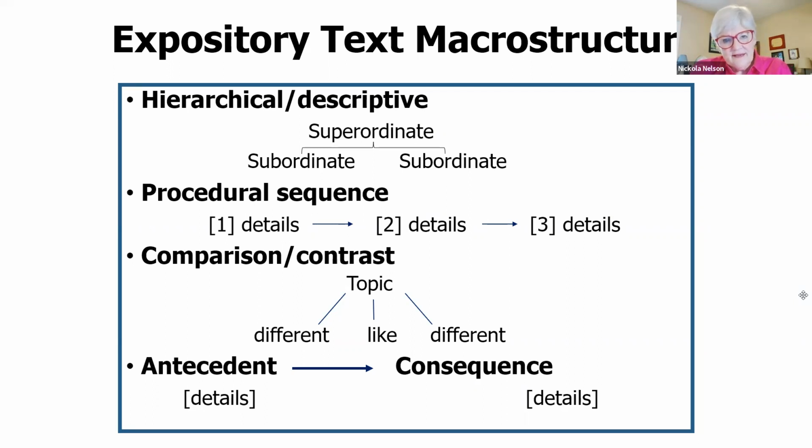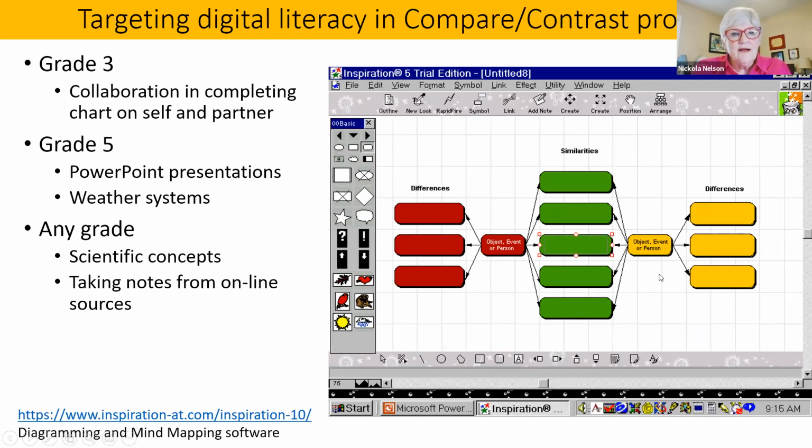Other kinds of discourse have a procedural sequence. Some have compare and contrast, some are cause and effect or antecedent and consequence. And students can learn to use their software tools for understanding these kinds of relationships and representing them graphically.